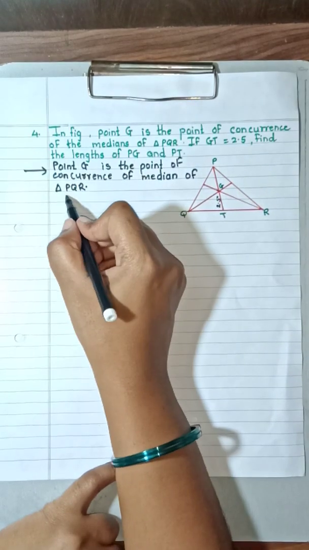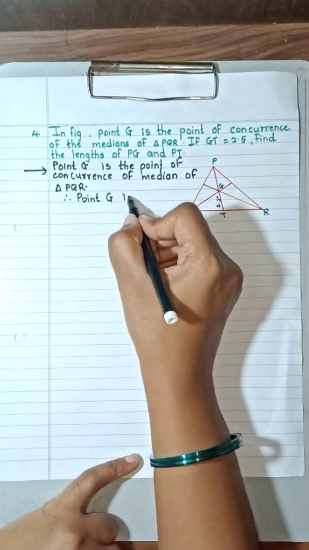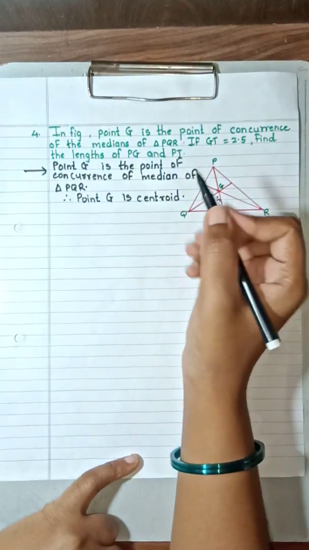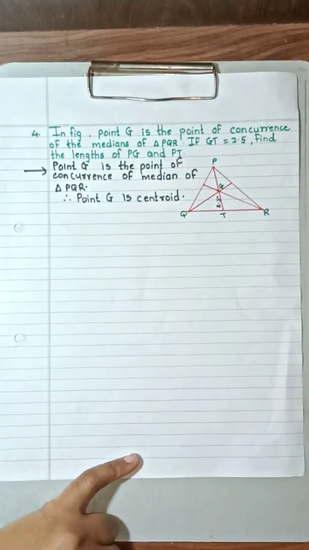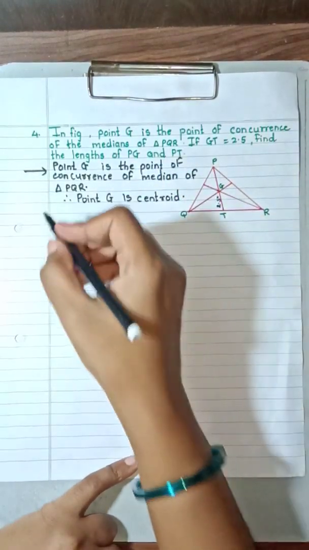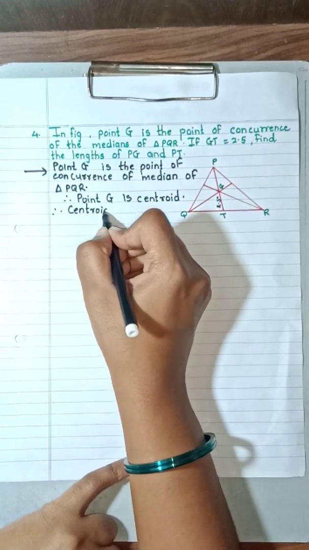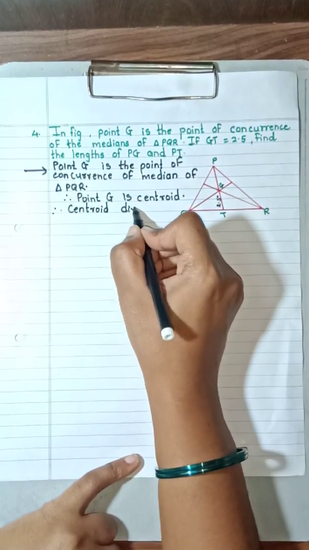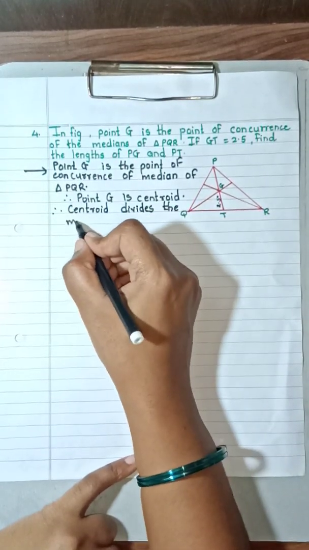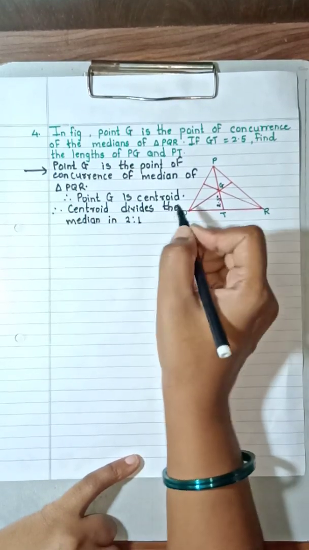Therefore point G is the centroid. Therefore you very well know that the centroid divides the median in a 2:1 ratio. So you can write down here: centroid divides the median in 2:1 part.